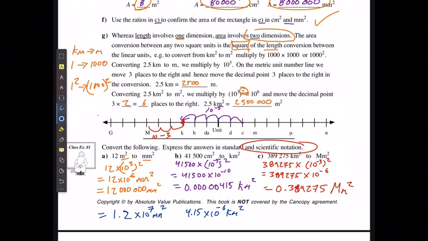And the last one, I would probably round to 0.39. Oh, sorry, that's 0.39. 3.89 times 10 to the negative 1 megameters squared.